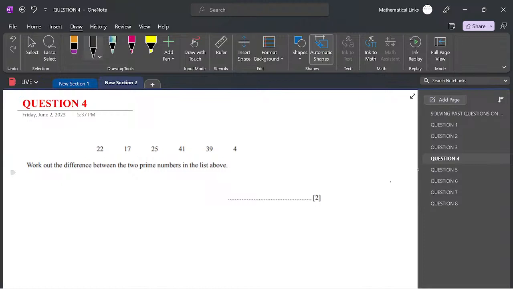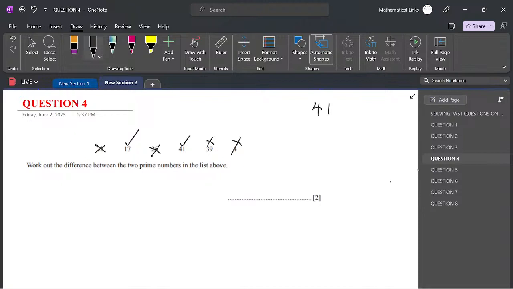Then you can find their difference. So obviously 22 is not a prime number, 17 is a prime number, 25 is not a prime number, 41 is a prime number, then 39 is not a prime number, 4 is not a prime number. So we have 41 and 17.